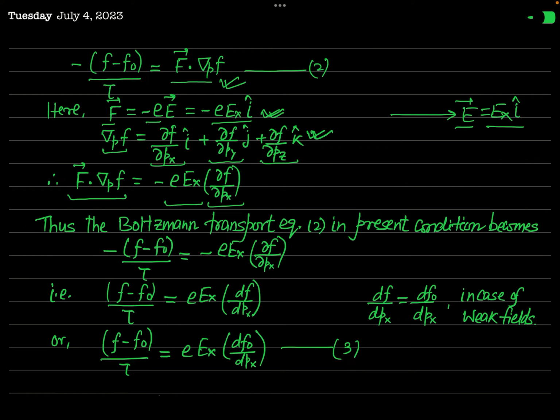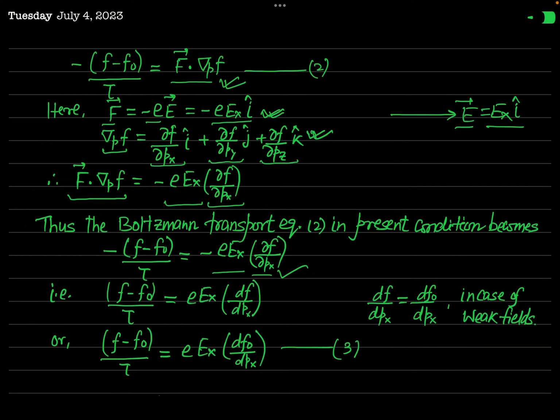So in the present situation, you can write that transport equation in this manner: minus f naught over tau equals minus e times Ex del f by del Px. Okay.